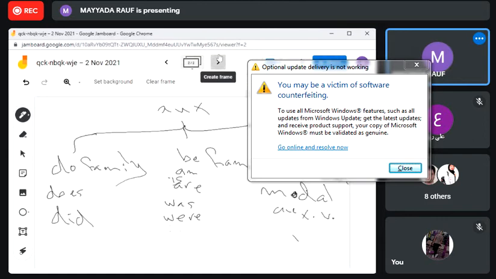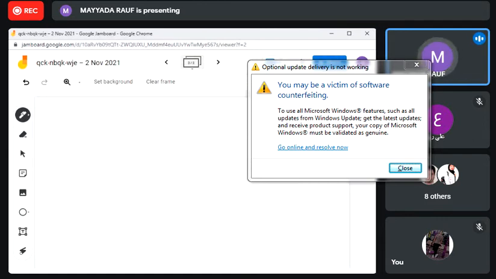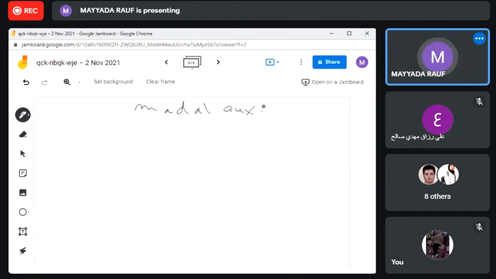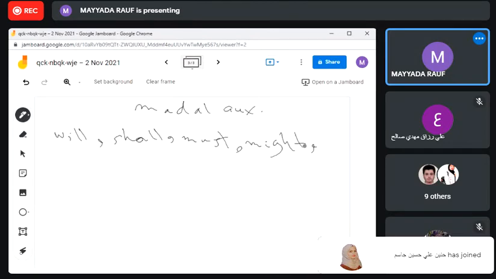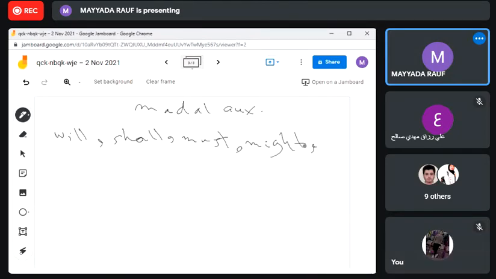So if we want to say what are the modal auxiliaries, the modal auxiliaries are will, shall, must, might, should, can, would, may.